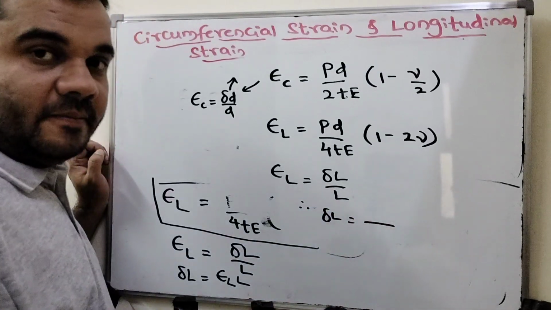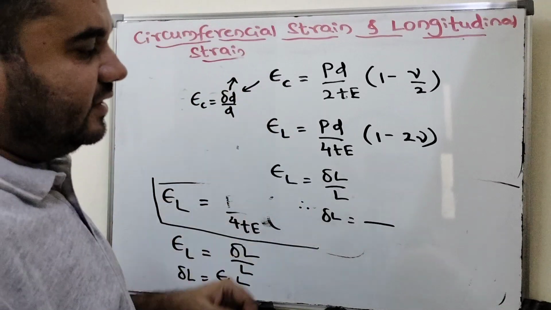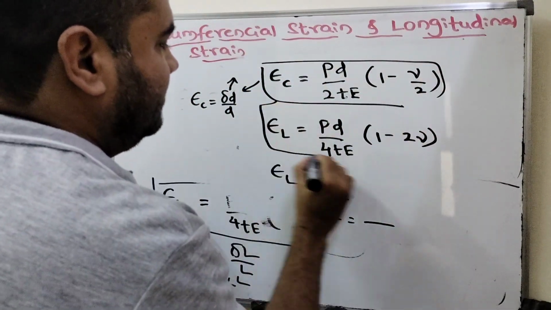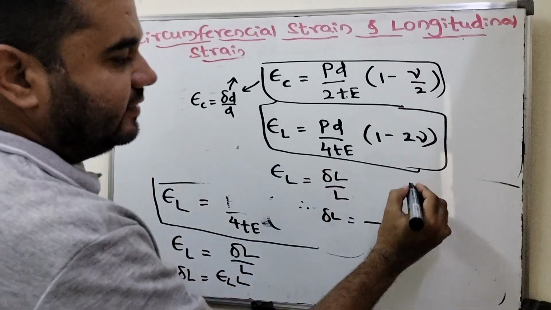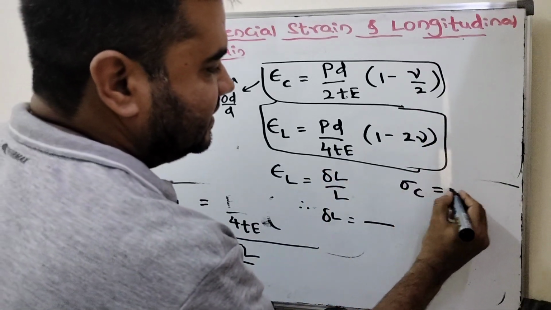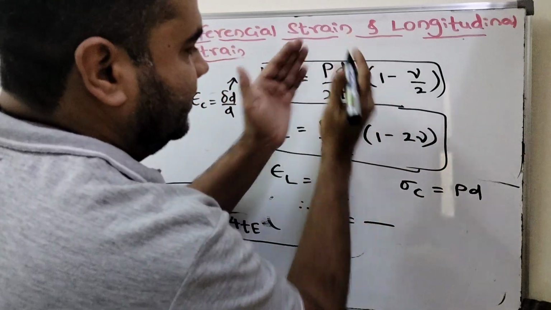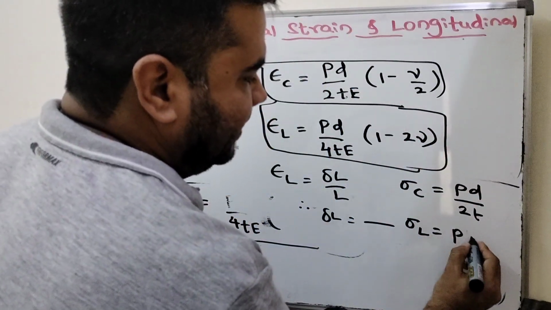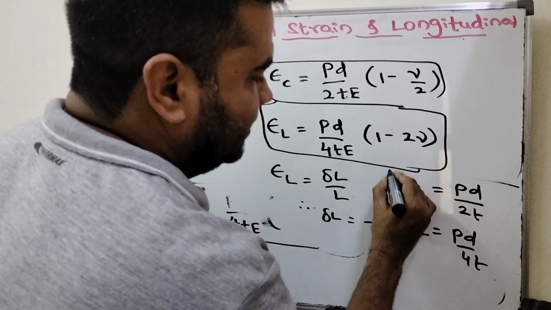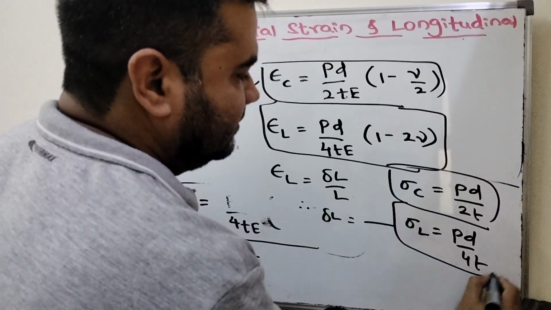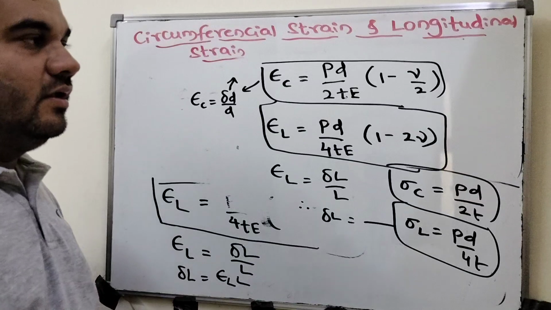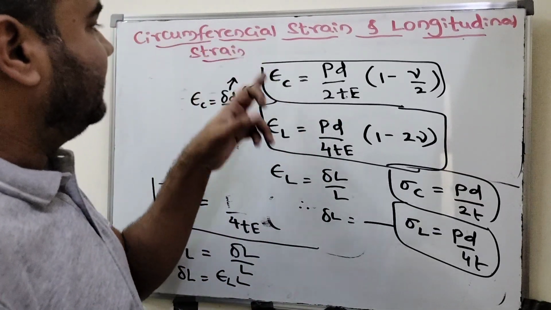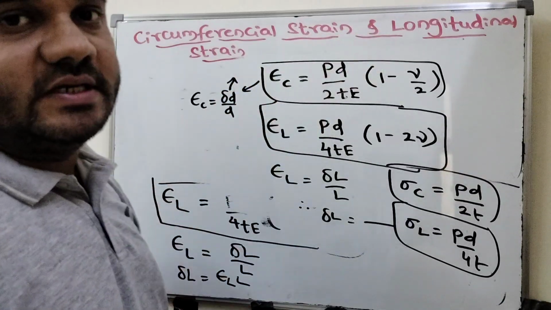These two will be helpful while solving problems. In the last video we derived the circumferential stress equal to PD by 2t and the longitudinal stress PD by 4t. This is how we find the circumferential strain and the longitudinal strain.